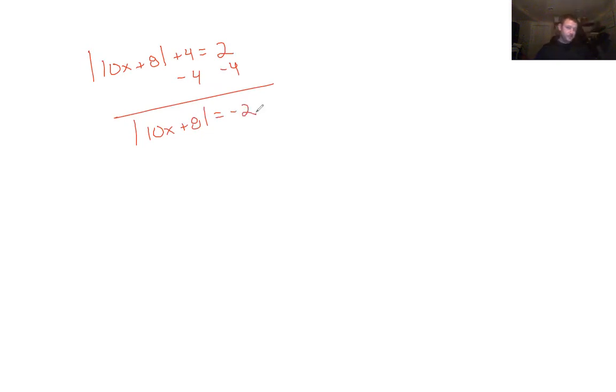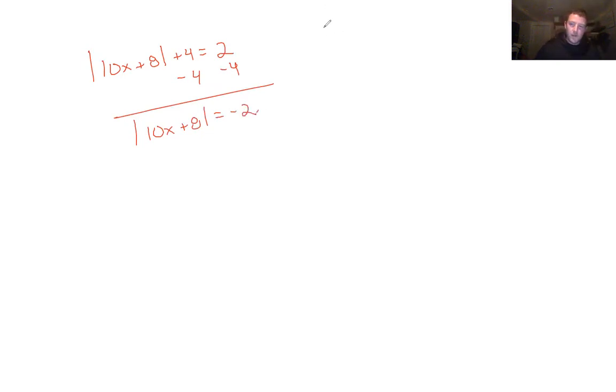One more. Absolute value of 10x plus 8 plus 4 is equal to 2. Before you set up two equations like we did before, you can't just do +2 and -2. We have to get everything else away, so it only can be the absolute value on this side. So I'm going to minus 4 off both sides, and I get -2.